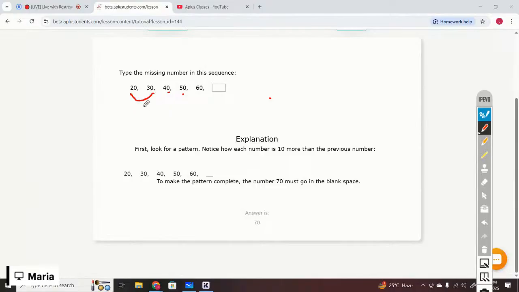The pattern is increasing by 10. 20 plus 10 is 30. 30 plus 10 is 40. 40 plus 10 is 50. And 50 plus 10 is 60. So 60 plus 10 is 70. So the next number in the sequence is 70.